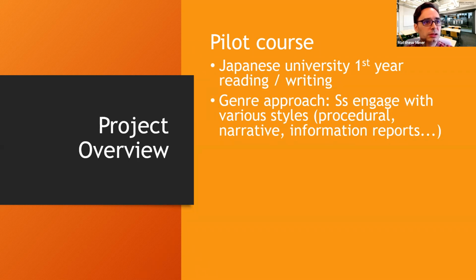So students will read and write a variety of instructions or directions or recipes. Narrative texts, so they'll practice fictional writing as well as a personal narrative. Information reports, they'll conduct secondary research and have to summarize and paraphrase the information they found in poster presentations or slideshows. So those are the genres that they traditionally engage with.